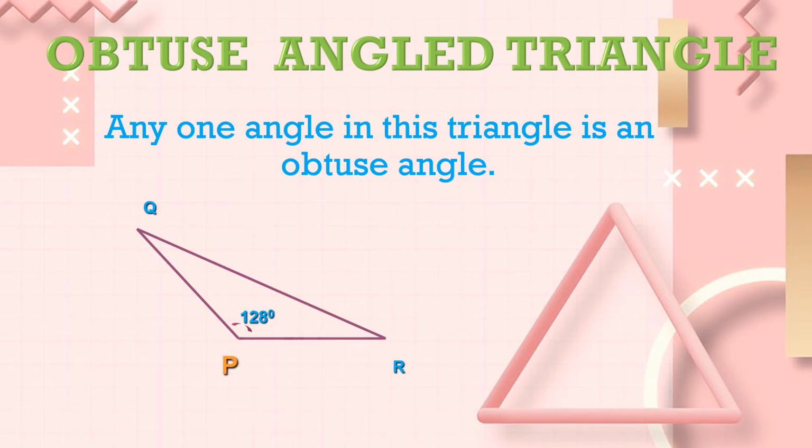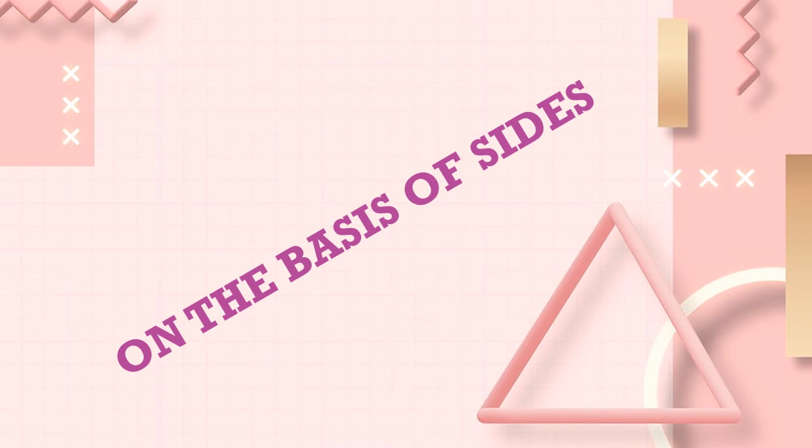If you look at the figure over here, in triangle PQR, angle P is 128 degrees, so that will make it an obtuse angled triangle. And how many obtuse angles can a triangle have? It can have only one obtuse angle, not more than that. So that was about triangles on the basis of angles.